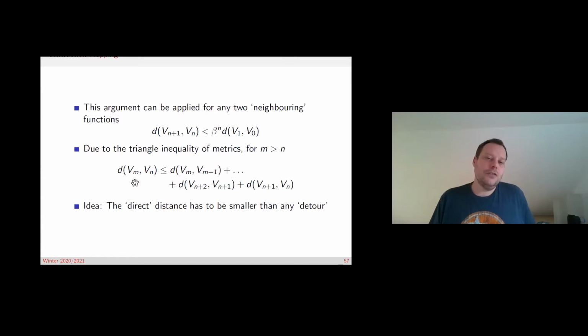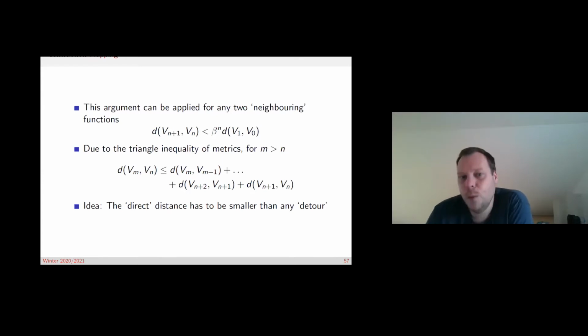Namely, it just tells you that the direct distance between two functions, in any way how we measure this distance, is smaller than any detour by which you reach these two functions. So this is basically the idea that you have.